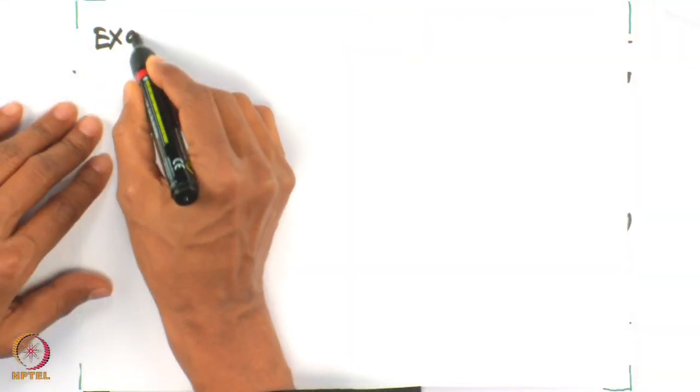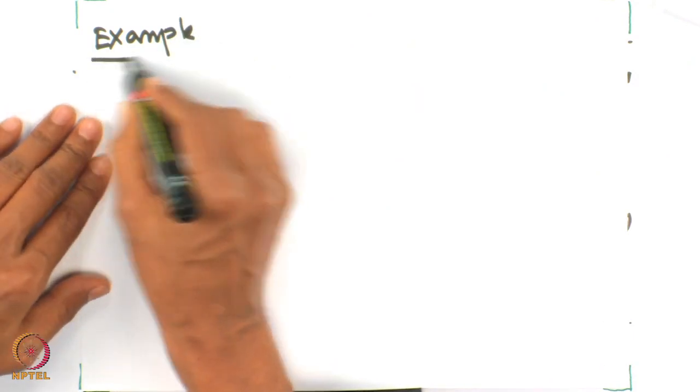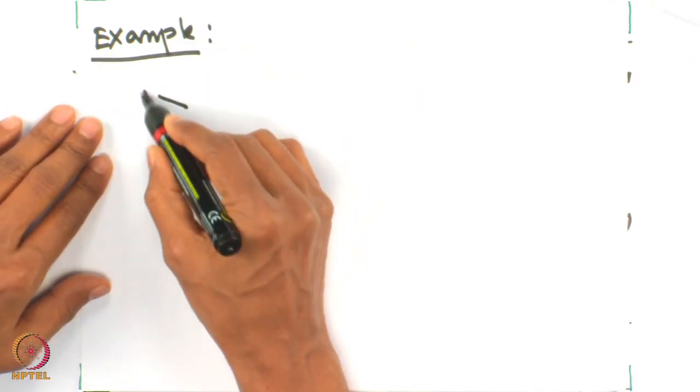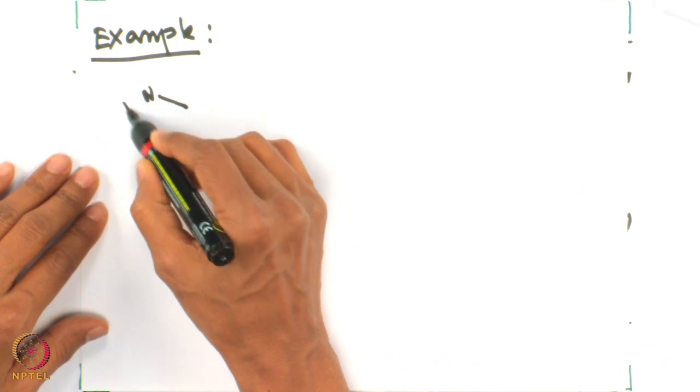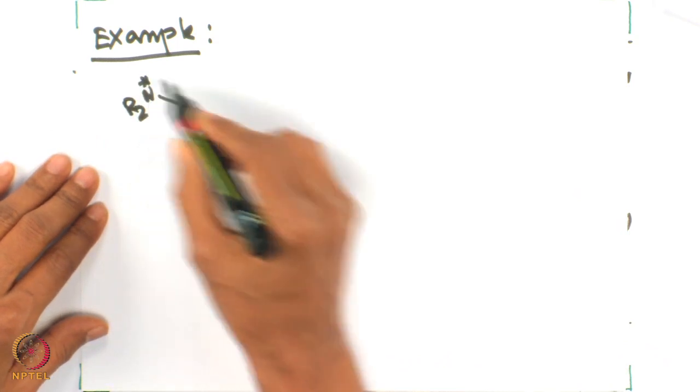Okay. So, the example that I would like to discuss is where you have a chiral enantiopure auxiliary along with the substrate.